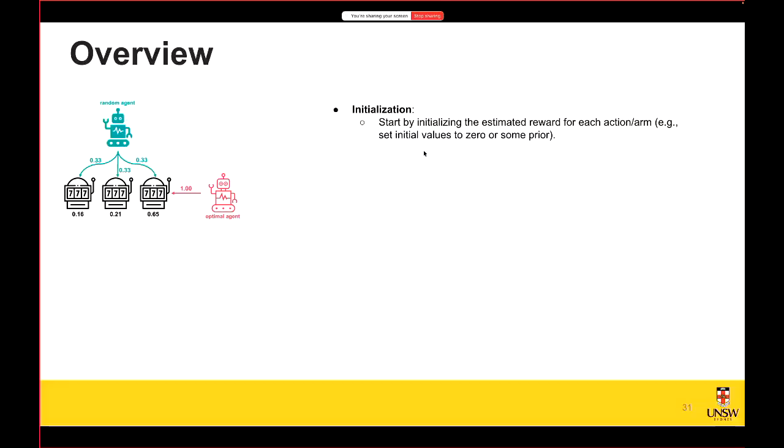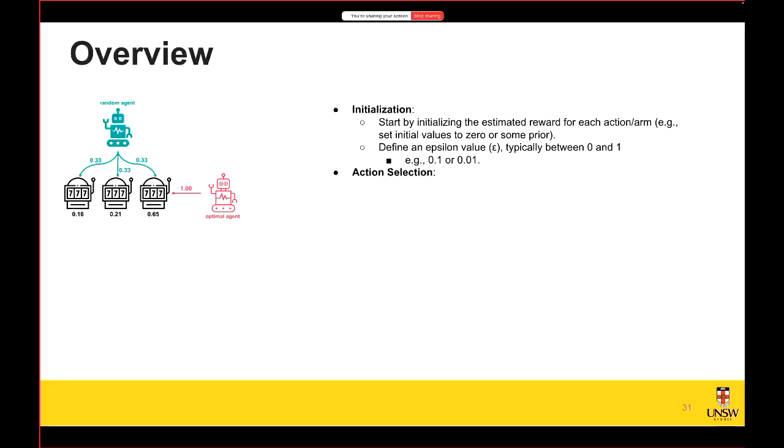And then we also need to define an epsilon value to determine the chances for doing exploitation and exploration. This value is normally very small, something like 0.1 or 0.01.